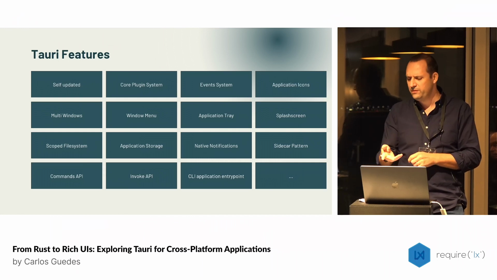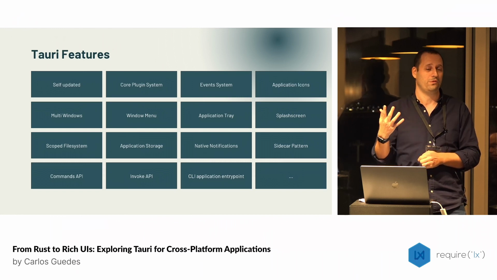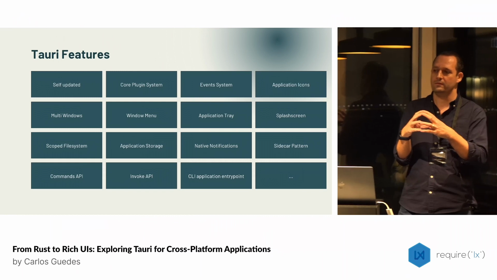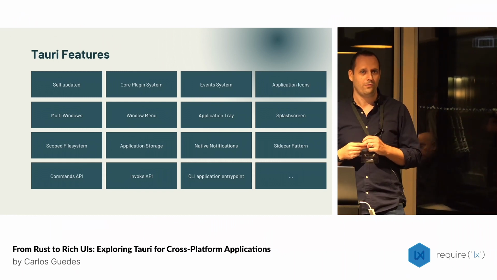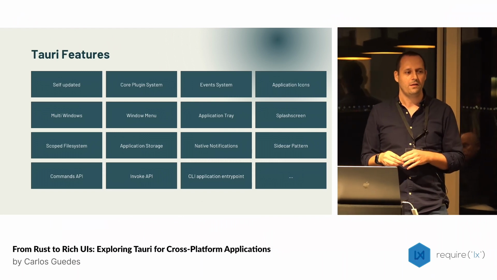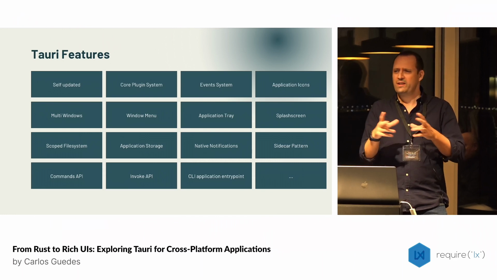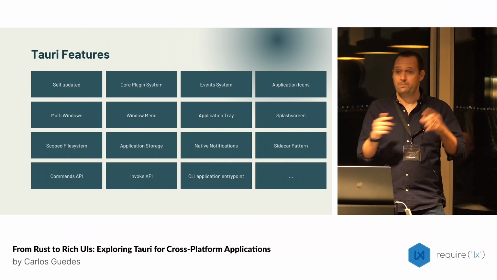And also notifications, and a sidecar pattern. Maybe you don't know what this is, it's very important. It's being able to embed in your application a different application. For example, going back to RevStudio, the application we implemented, we had a data engineer that was working with the AI. That's normal, having to write in Python.